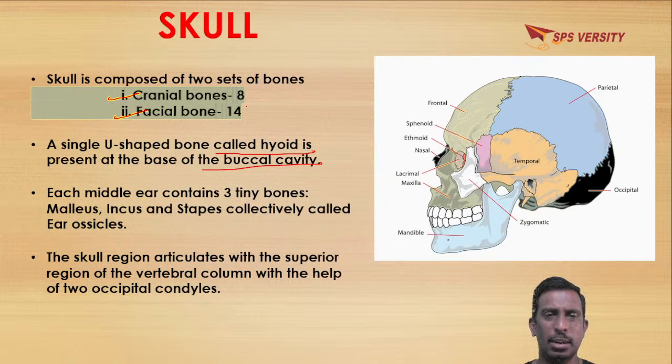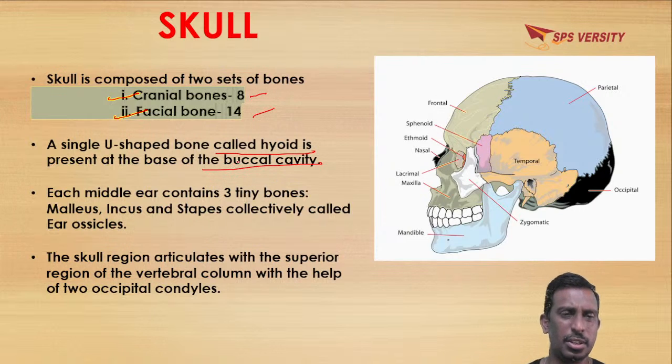Besides the cranial bones and the facial bones, in each middle ear there are 3 tiny bones. They are called malleus, incus and stapes.